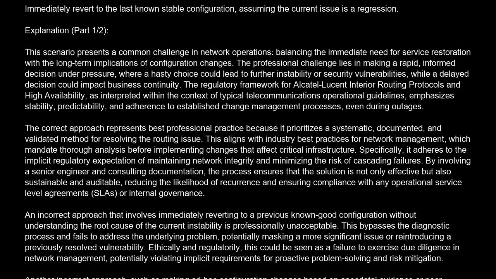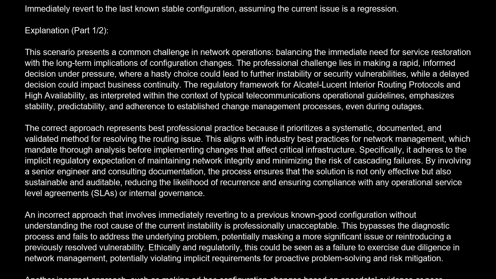The correct approach represents best professional practice because it prioritizes a systematic, documented, and validated method for resolving the routing issue. This aligns with industry best practices for network management, which mandate thorough analysis before implementing changes that affect critical infrastructure. Specifically, it adheres to the implicit regulatory expectation of maintaining network integrity and minimizing the risk of cascading failures.